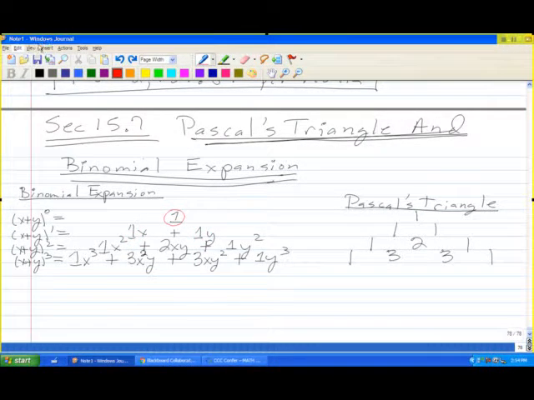These coefficients here, I guess I can't select them, not so easy.